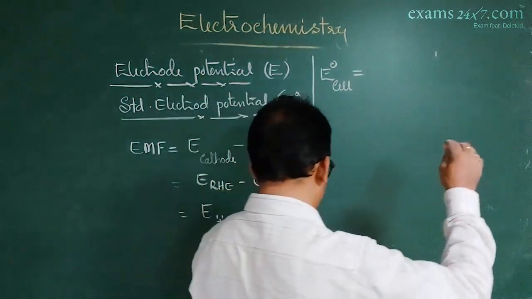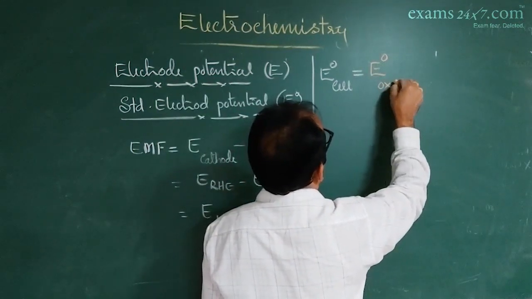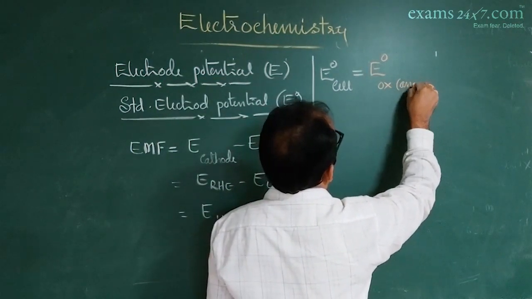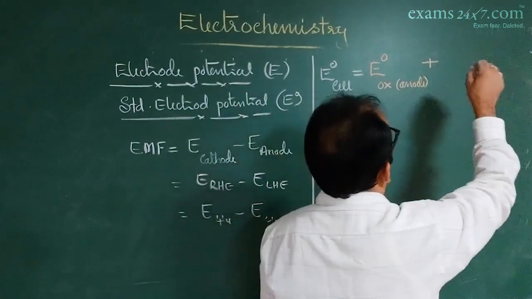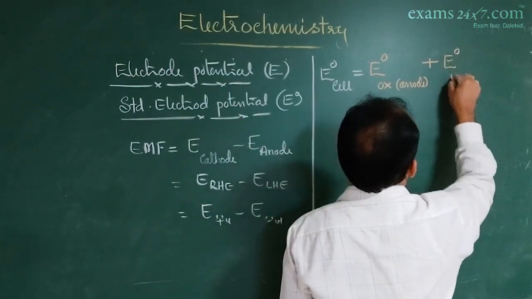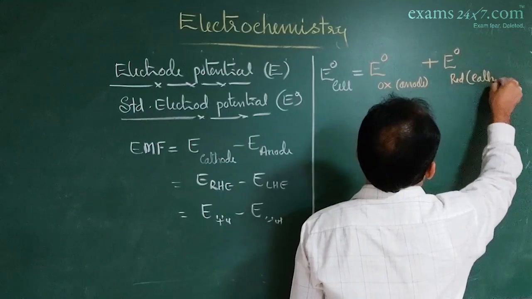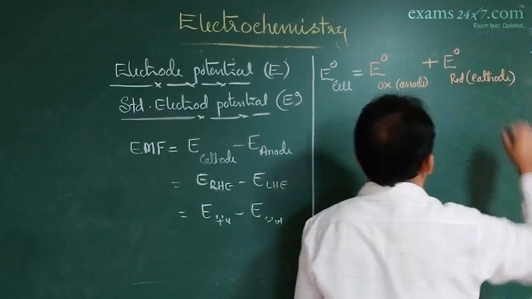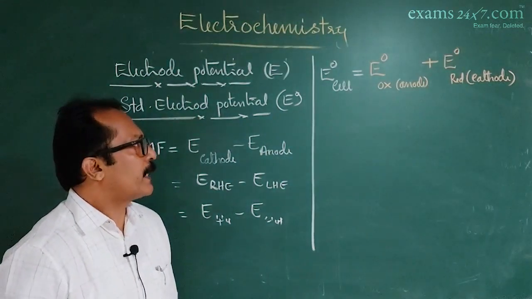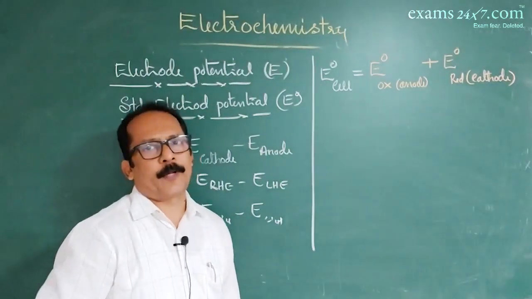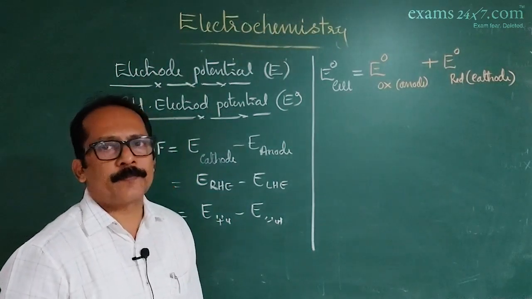Therefore, E naught of the cell we can write as E naught of oxidation that takes place at the anode, plus E naught of reduction, which is observed at the cathode. The sum of the oxidation potential and the reduction potential, the electrode potential of the anode and the electrode potential of the cathode.